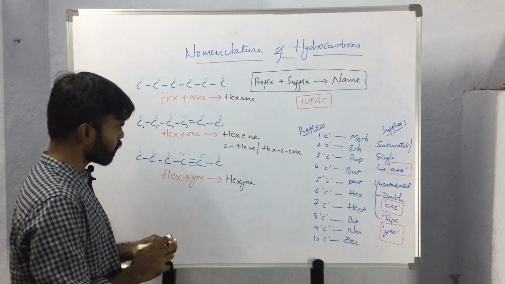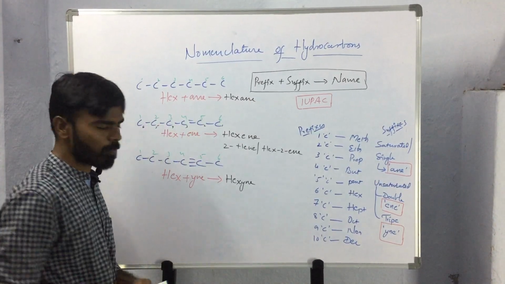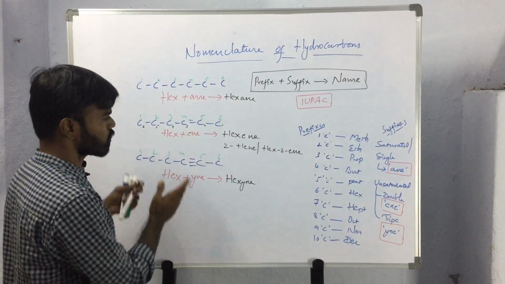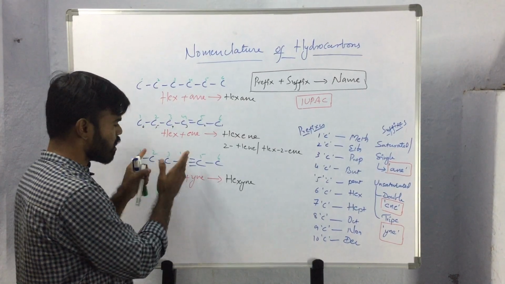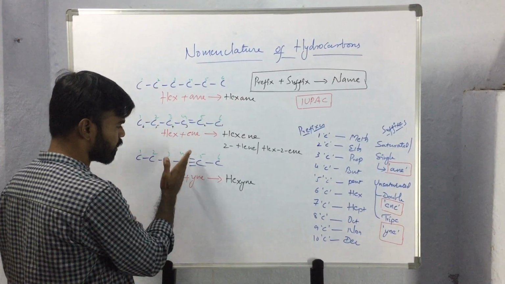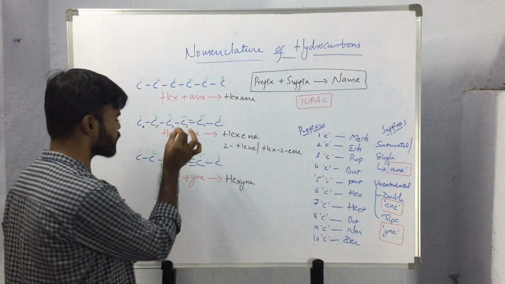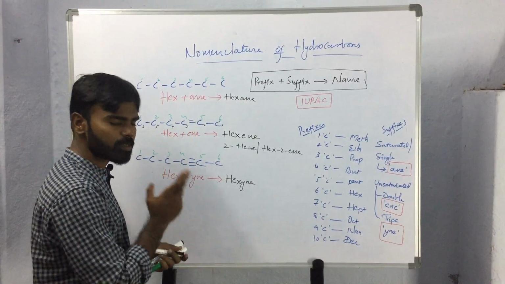Okay, so like this we will be naming the compound. If we consider this case, the same rule will be applicable for this compound also. The carbon atom on which the unsaturation is present should get the least possible number.